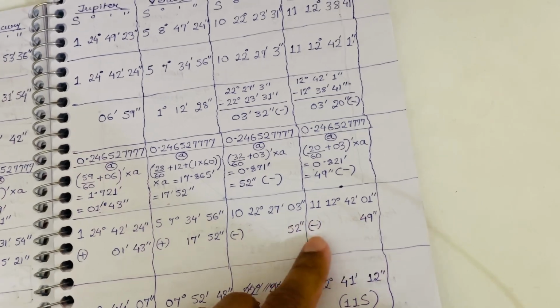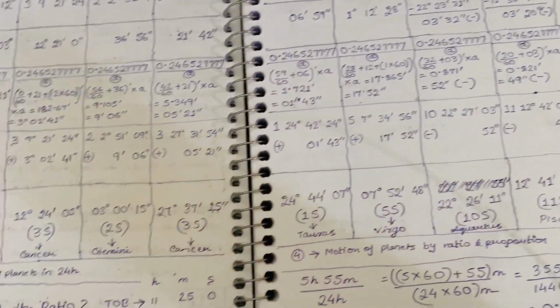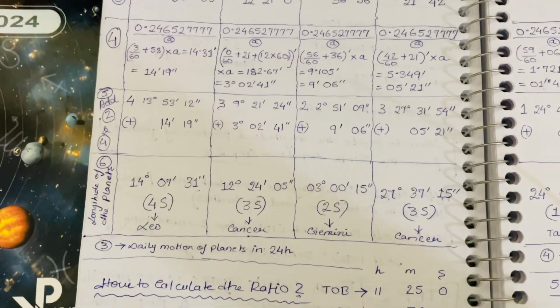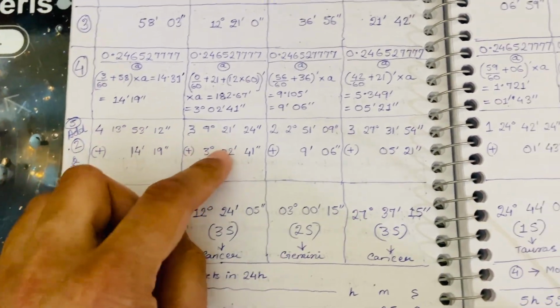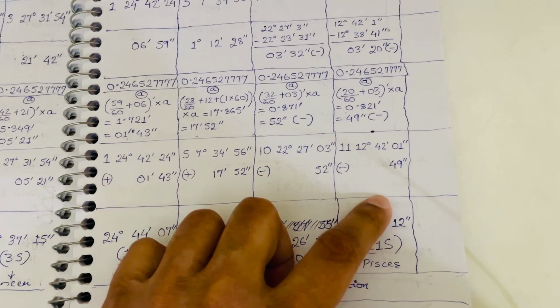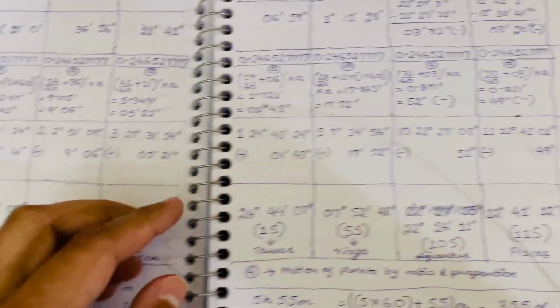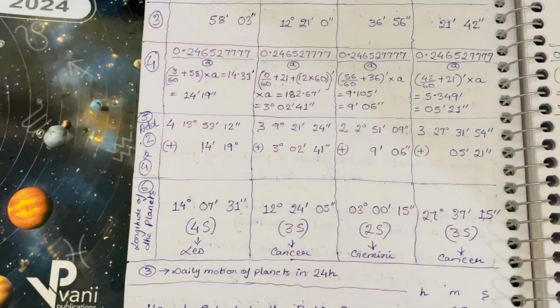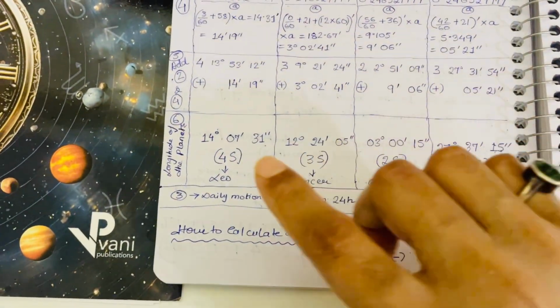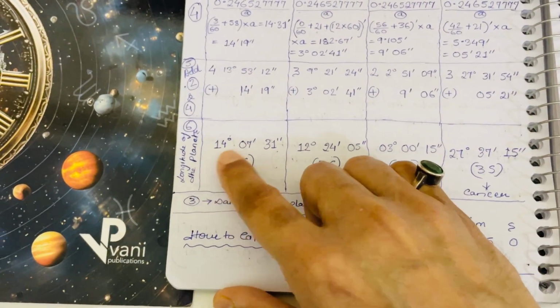Similarly for Rahu it will also be the same. Okay. So once I have successfully added or subtracted when it came to our retrograde planet, when we have done it over here, then we are arriving at this value.